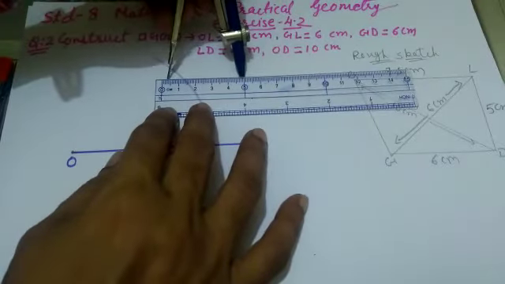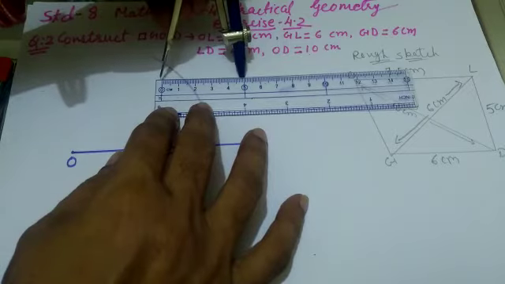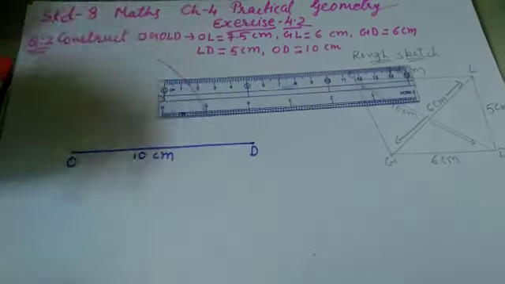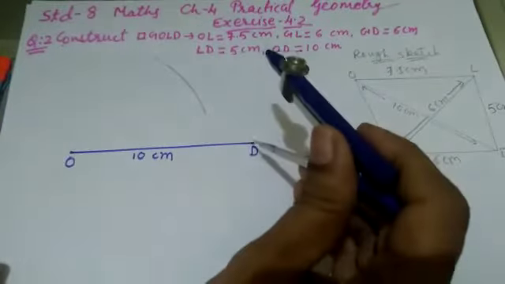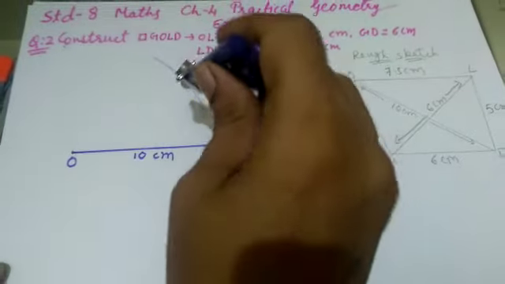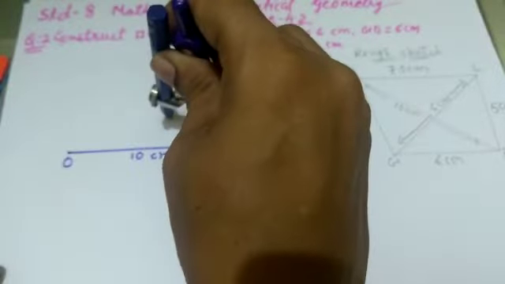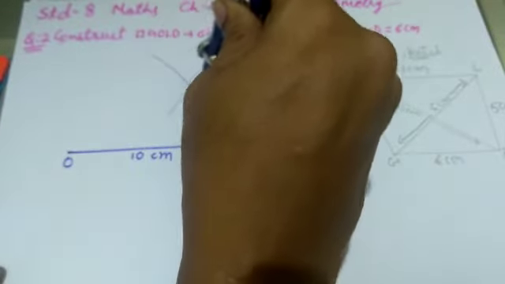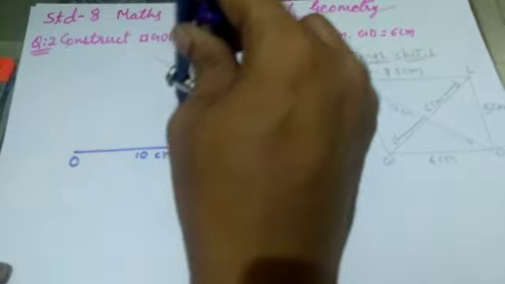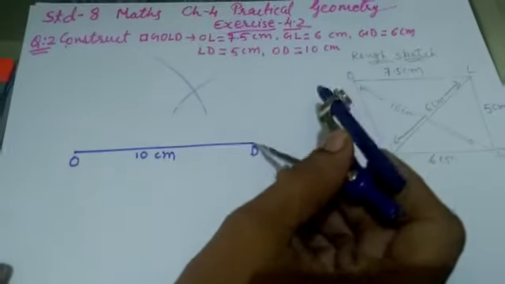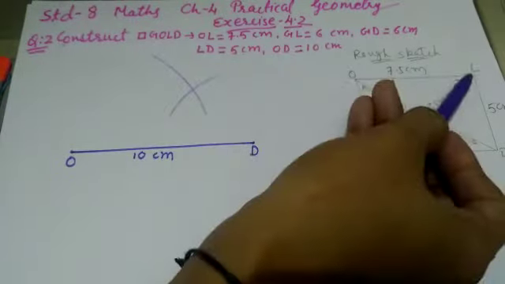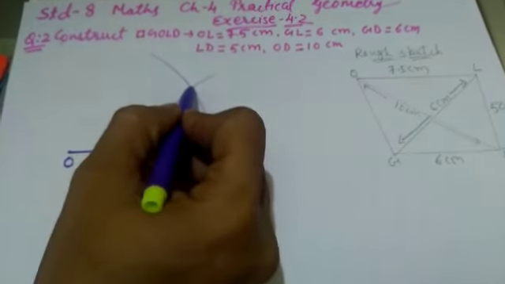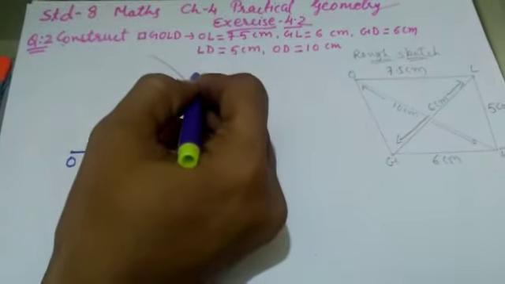Okay, so here we have adjusted 5 centimeter radius on compass. Now taking D as a center, we will draw another arc which intersects the previous arc at point, see in the rough sketch, at point L. So we will give name to this intersecting point as L.